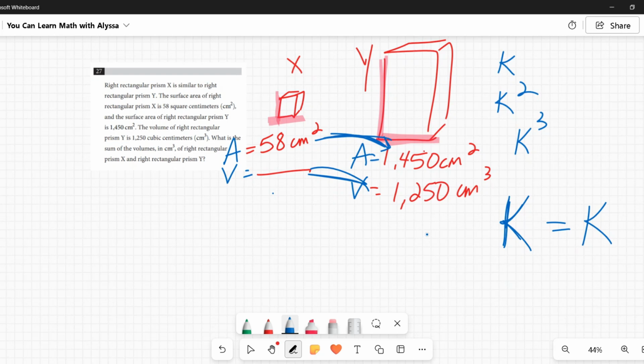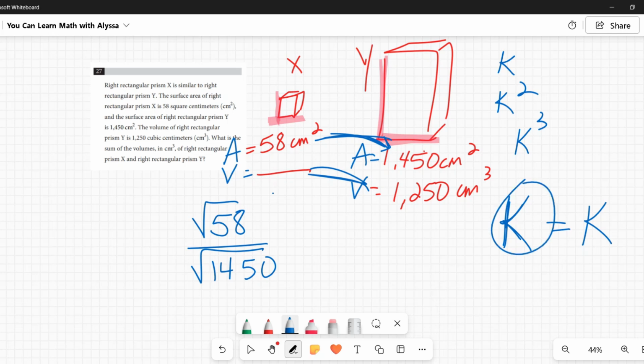Right, so first for the areas, the surface areas, the square root of 58, that surface area of X, to the square root of Y, 1,450. That is the initial constant ratio because I'm taking the square root.